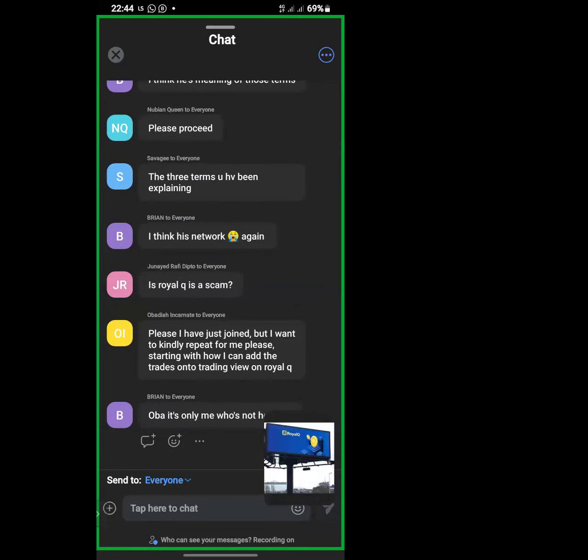If I can ask you, someone who asked if Royal Q is a scam, are you already in the business or are you not in the business? Because that seems to be a weird question. If you say "Is Royal Q a scam? I've just joined, but please kindly repeat for me, starting with how can I add the trade zone?"